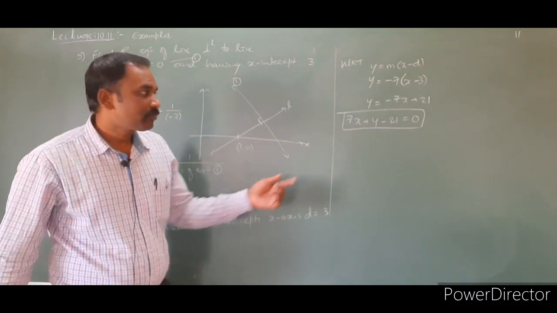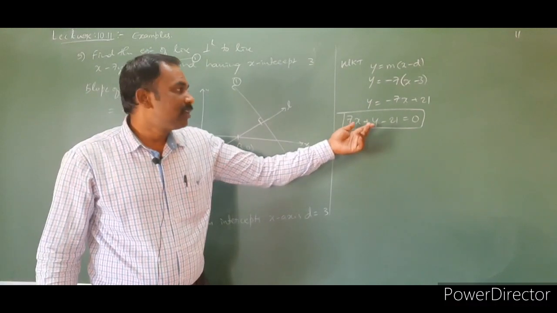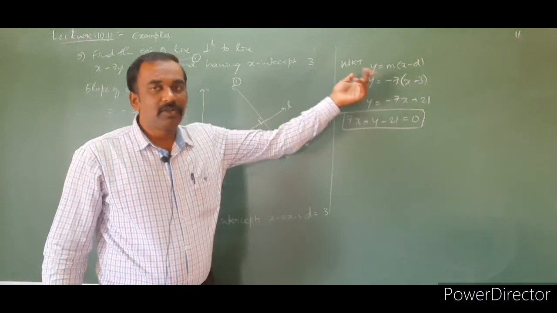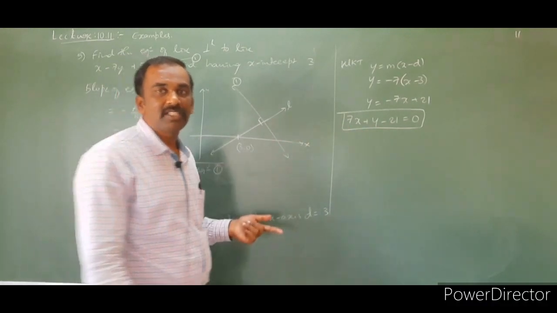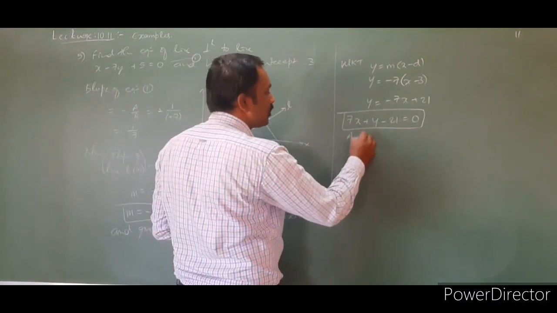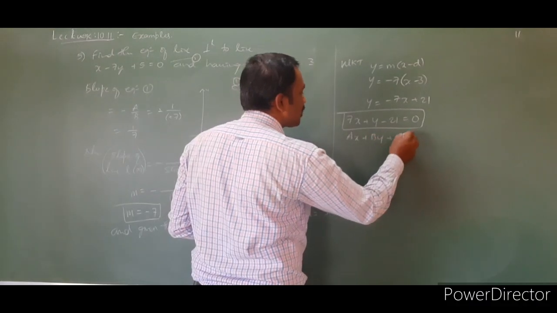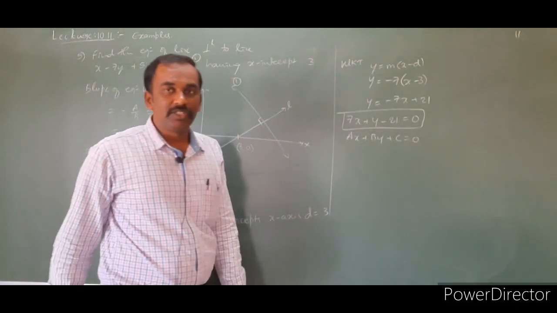At the beginning, in the first and second exercise, I have already told you to always write the equation of the line in this manner, that is, in the general form: Ax plus By plus C is equal to 0.